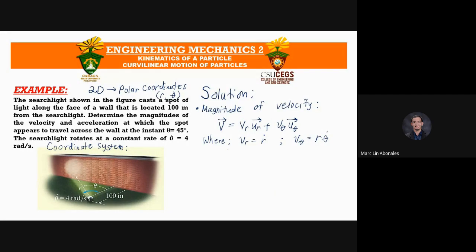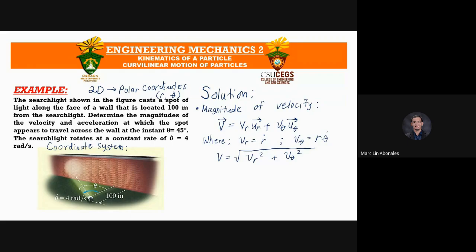So in determining the magnitude, our magnitude is using the Pythagorean theorem, that is the square root of VR squared plus V theta squared. So what we need is to establish the equation of R. We don't know what is the equation of our R. Okay?